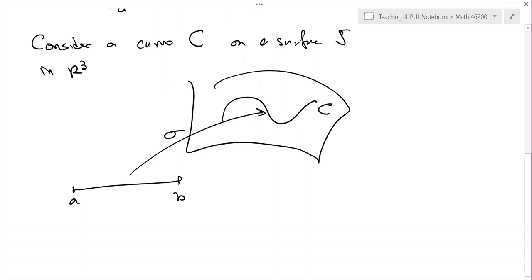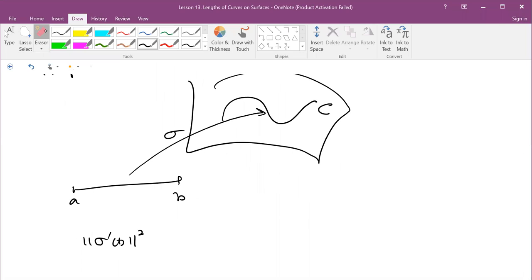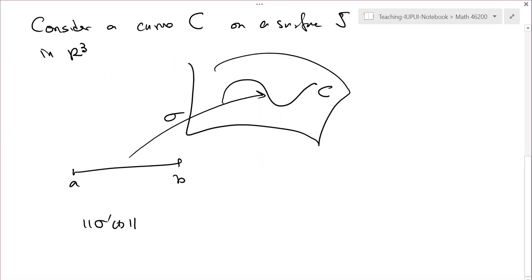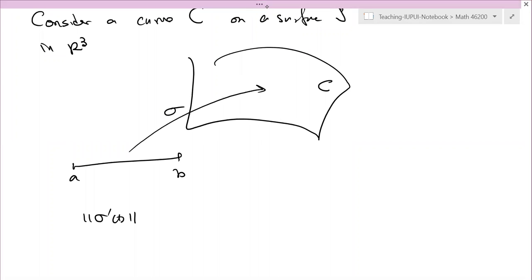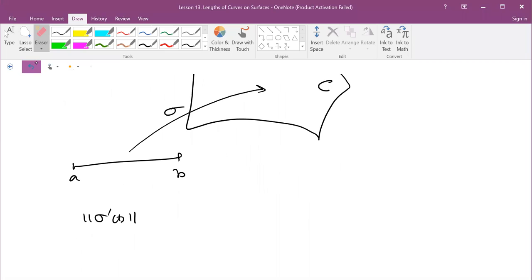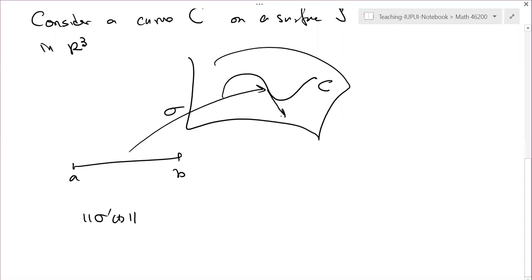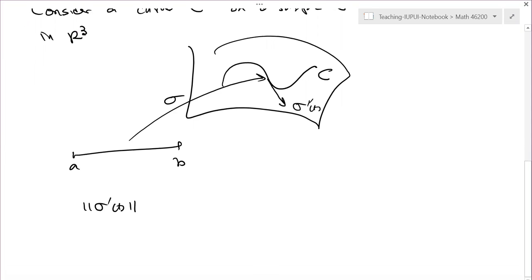Then you have this, and I'm going to put a square there, but without the square, you have this and the length of the tangent vector. So now I'm going to describe the length of this tangent vector.